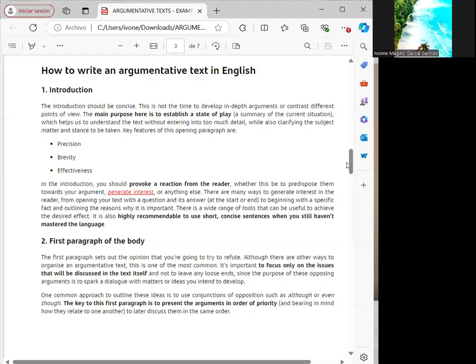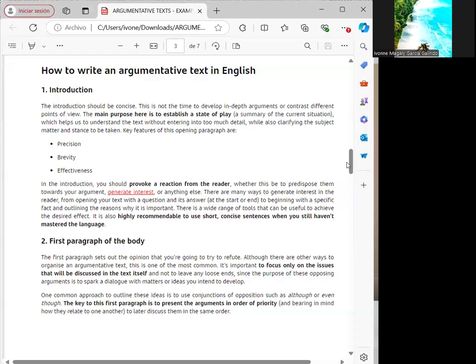There are many ways to generate interest in the reader, from opening your text with a question and its answer at the start or end, to beginning with a specific fact and outlining the reasons why it is important. There is a wide range of tools that can be useful to achieve the desired effect.